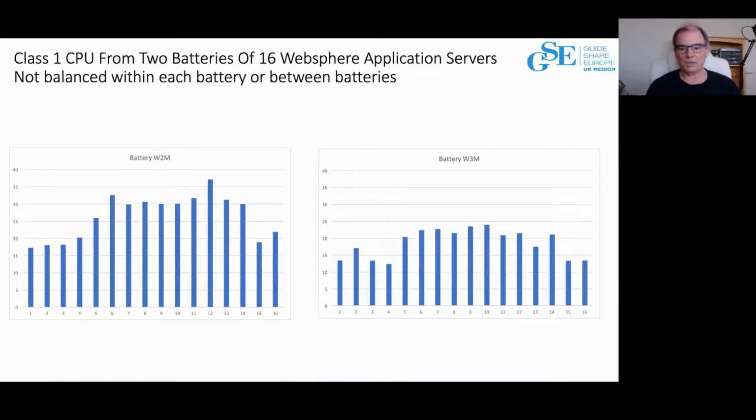So the first thing you notice, I think, is that within each battery, we don't have evenness in terms of request rate. We have some machines that are busier in terms of sending requests to our DB2 than others. The other thing you will notice, I hope, is that one battery, W2M, is busier in terms of sending requests into DB2 than the other battery, W3M.